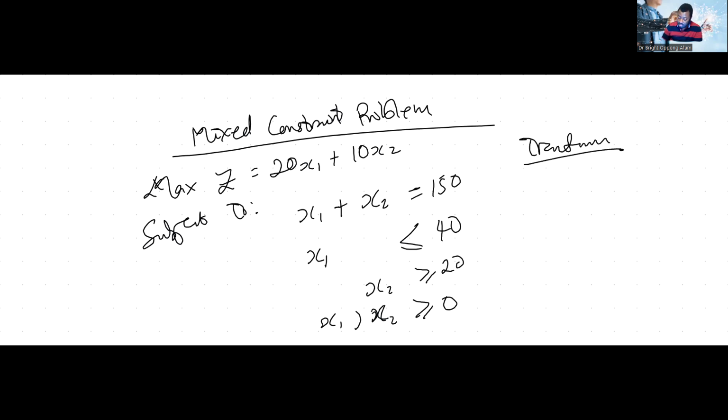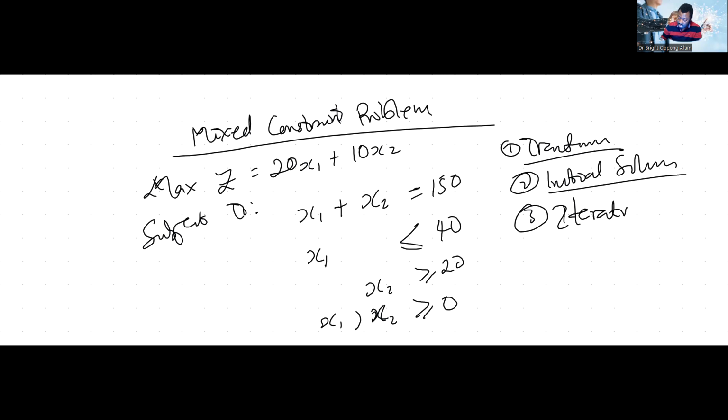Then step 2 is to determine the initial solution into the tableau. Then step 3 is undertake the iterations. Then step 4 is to repeat step 3 until there is no better solution.